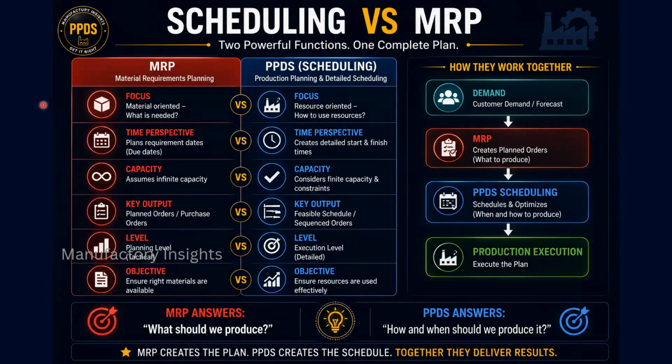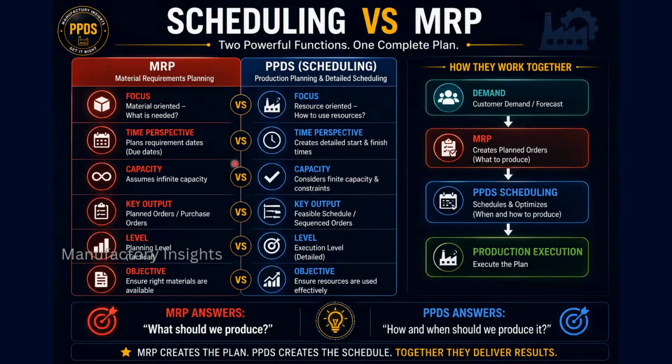Now let's compare scheduling with traditional MRP. MRP focuses primarily on materials. It determines what needs to be produced. But PPDS scheduling focuses on resources and capacity. It determines how and when production should occur.